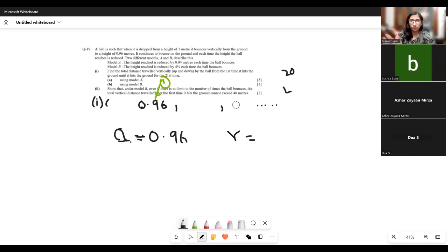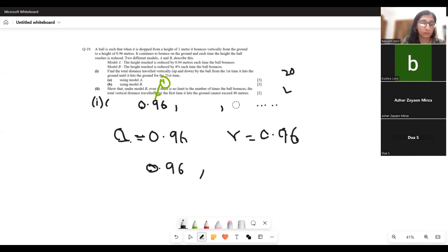So it's going to be 0.96. Either use this, और अगर ये आपको कंफ्यूज कर रहा है ना, तो आप फर्स्ट टर्म लिख लो. क्या है 0.96, फिर नेक्स्ट टर्म को करो 4% रिड्यूस, तो ये क्या आएगा? 0.92.